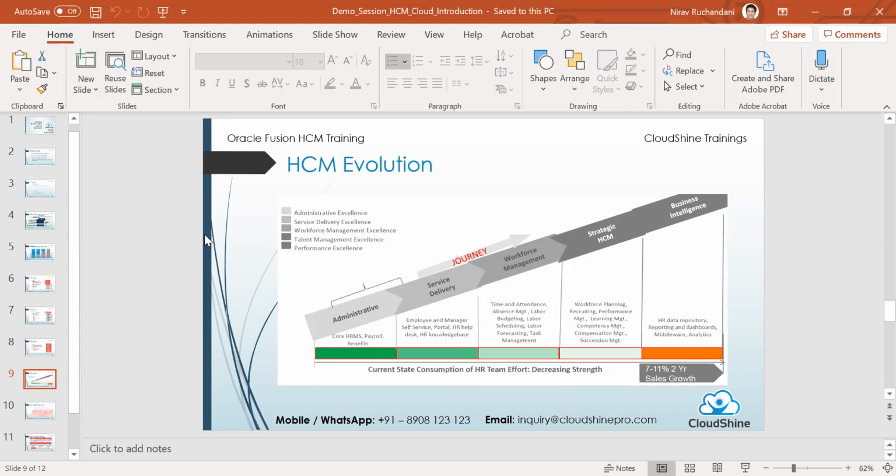And then a help desk evolved in terms of a process. There were HR teams responsible for responding to the queries of the employees through the different systems and managing those. That's how the second phase came up.